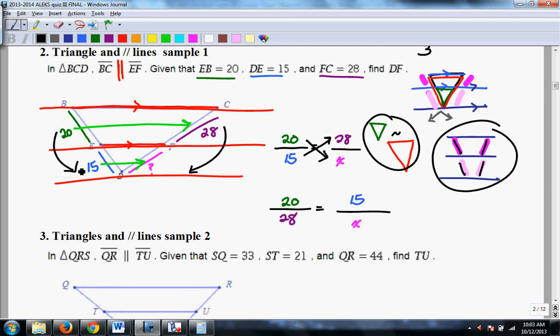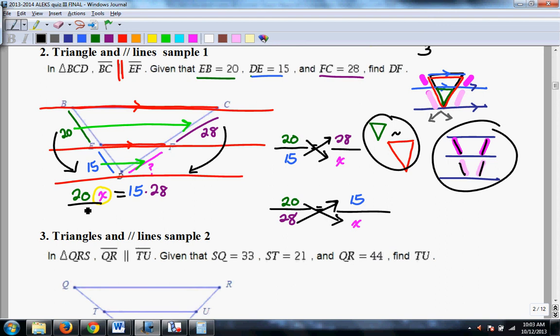So now we cross multiply, and we're going to get 20 times x equals 15 times 28. And if you look closely, if we did it this way, you end up with the same thing. 20 times x equals 15 times 28. Remember, don't touch a calculator until x is by itself.